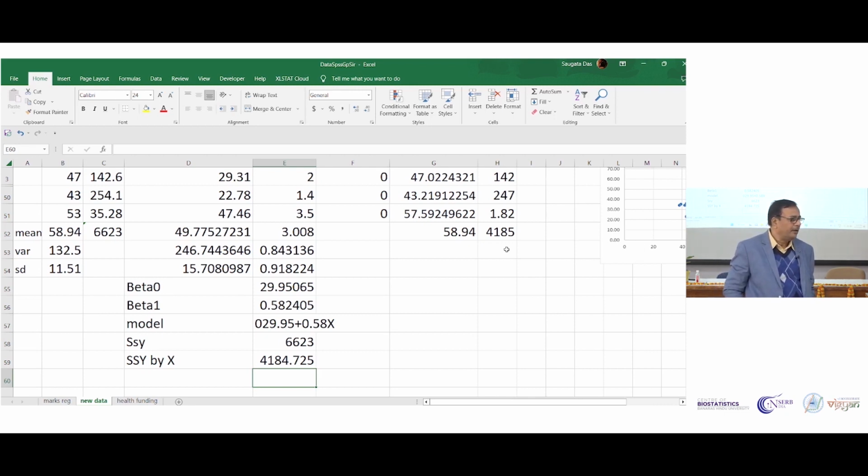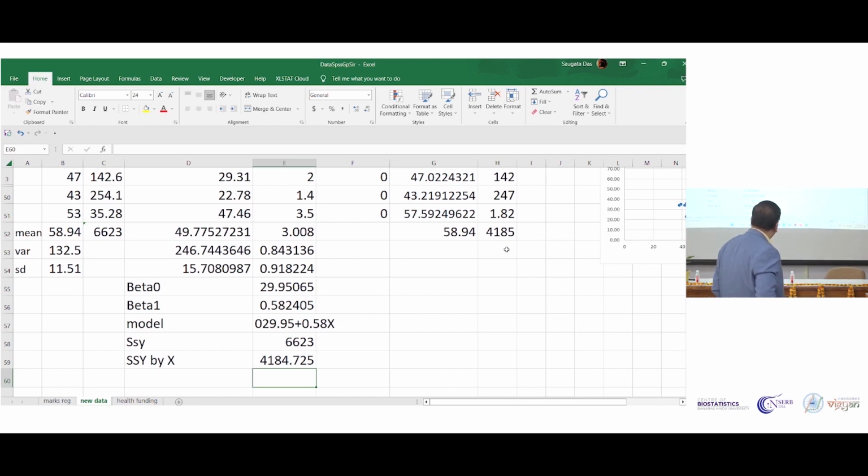Okay? Equal to SSY of predictor upon SSY. SSY of predictor, can you see?